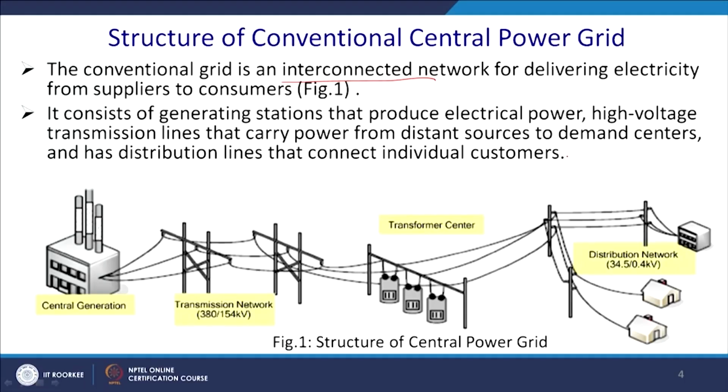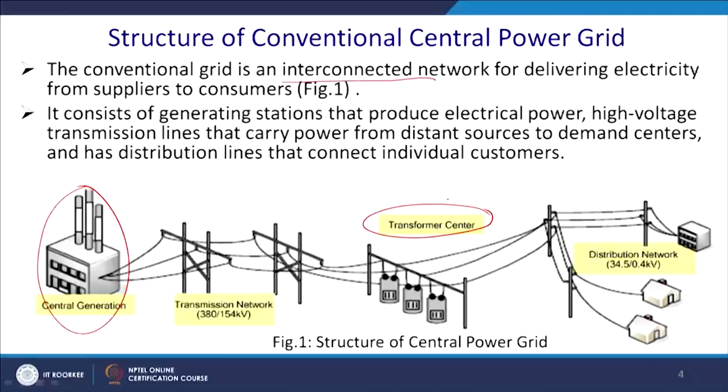So, you have a central generation, then a transmission network. Generally, to send power 1 kilometer away, you step up to 1 kV. If you are sending power 100 kilometers away, you step it up to 110 kV.